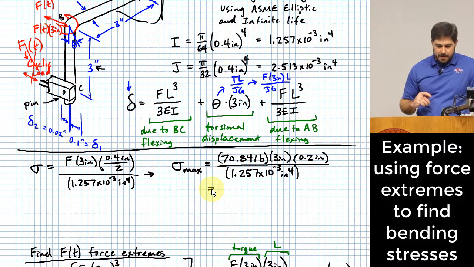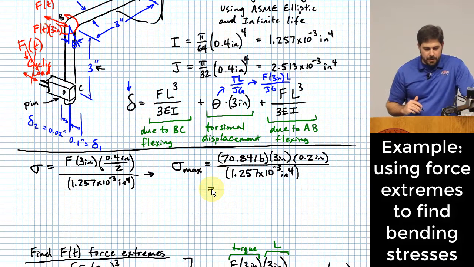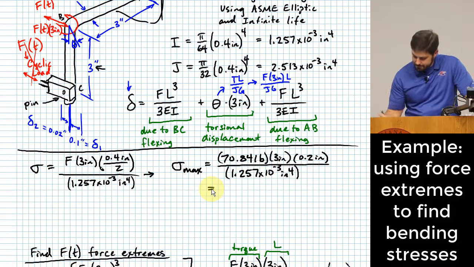Okay, and what we get there is 33.8 KSI.